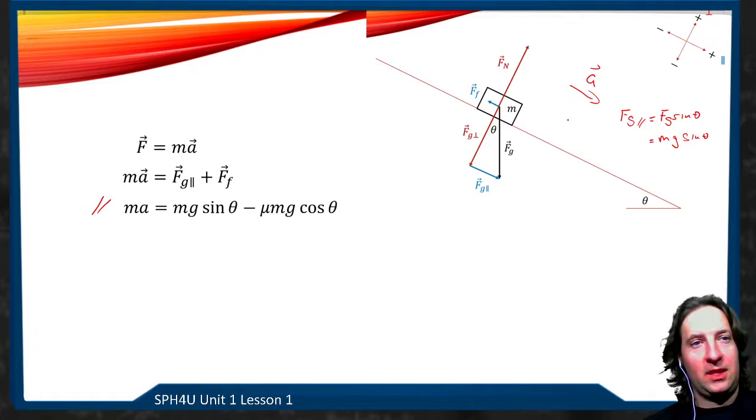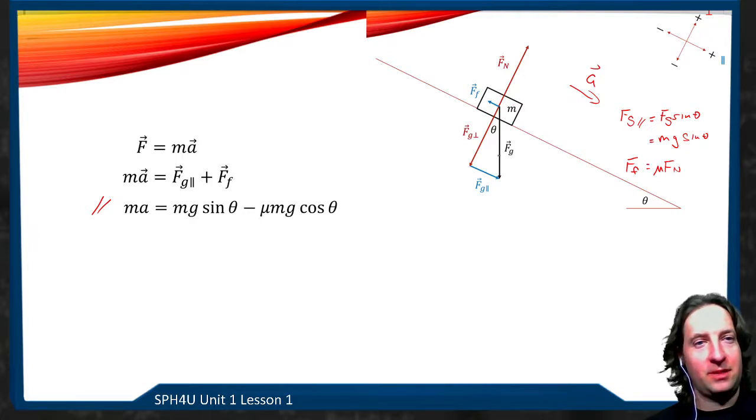Similarly, the force of friction will be, remember that force of friction is equal to mu Fn, the coefficient of friction times the normal force. And we know that the normal force is in the opposite direction to the perpendicular force here.